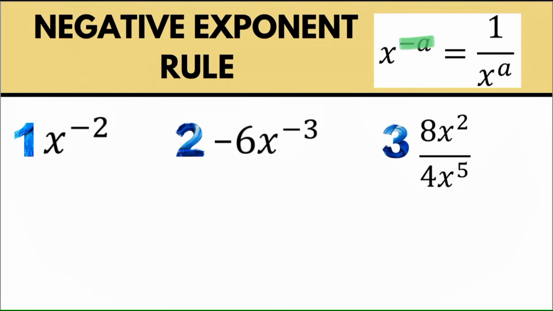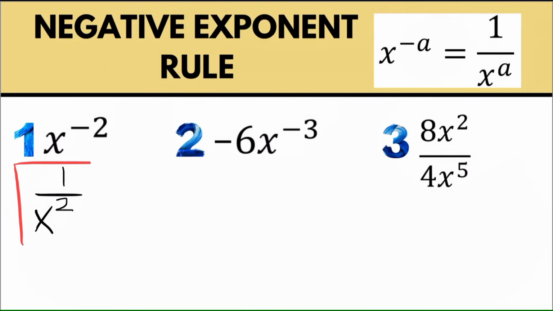So this x to the a goes at the bottom of the fraction, and this becomes 1 divided by x to the a. Let's look at some examples. Number 1, x to the negative 2 power. I can rewrite this as 1 over x squared. So this becomes positive, and we just put 1 over it. This becomes a fraction. And that is it.